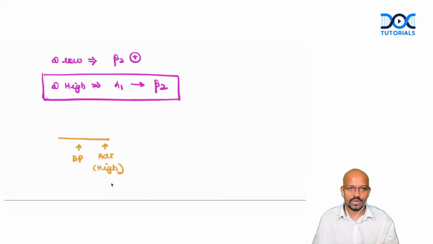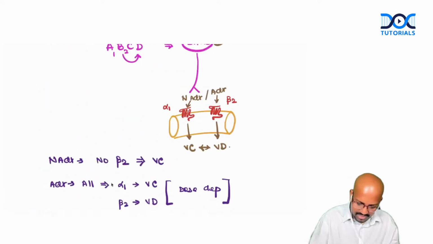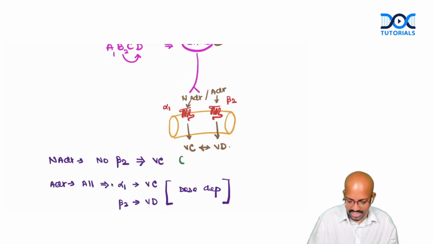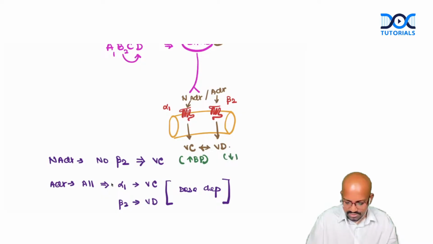Alpha 1 tends to produce vasoconstriction. What will happen whenever the blood vessels are getting constricted? There will be an increase in the blood pressure. Whereas whenever there is vasodilatation, there will be a decrease in the blood pressure. Two opposite responses, as we have discussed previously.